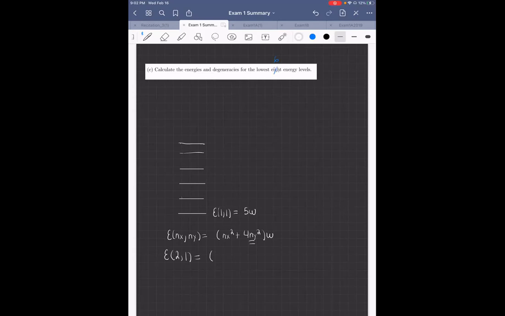So that's going to be 2 squared, that's 4, plus 4 times 1 squared, times W. And that's going to be equal to 8W, which is the next energy level.